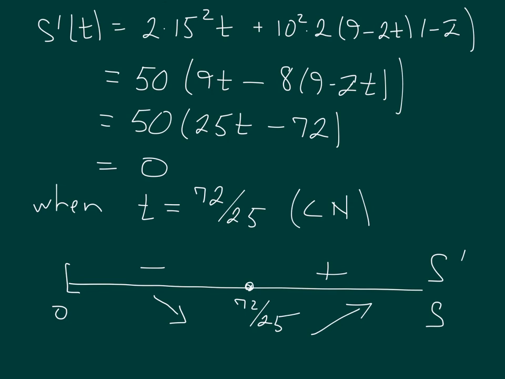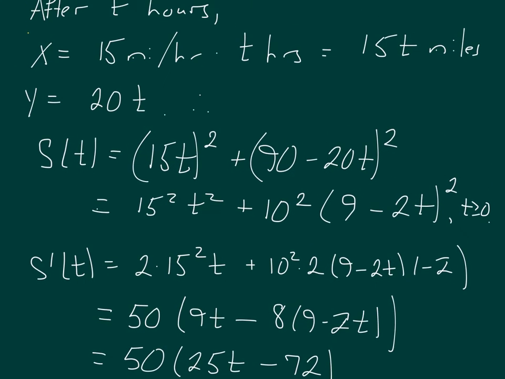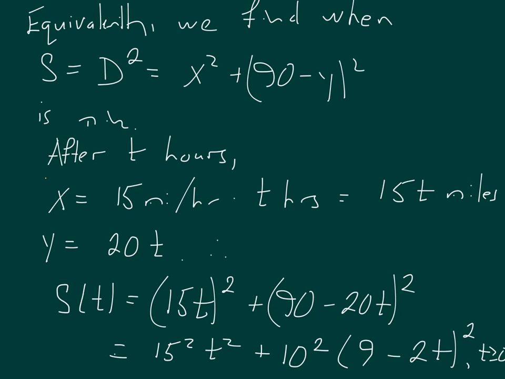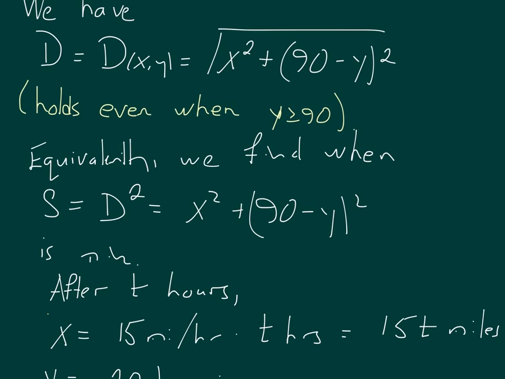All right, so this tells us that s is minimum when t is equal to 72 over 25, but remember that s took a minimum value exactly when d, our distance, took a minimum value.